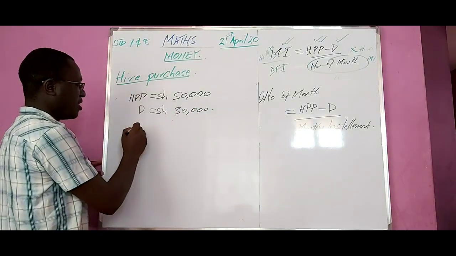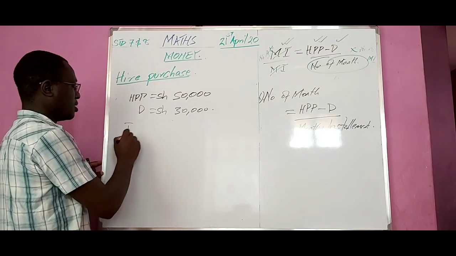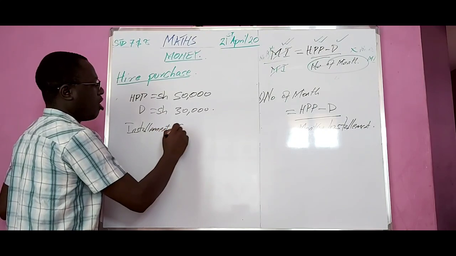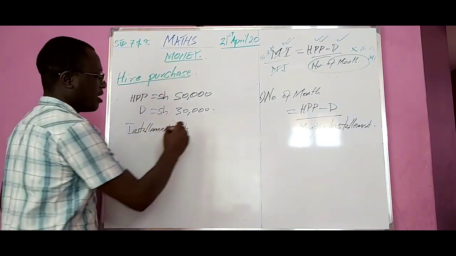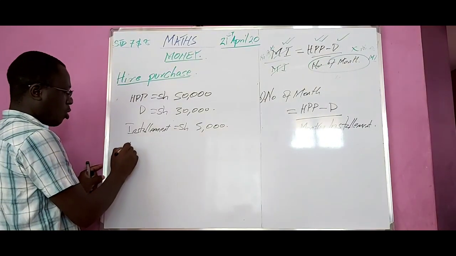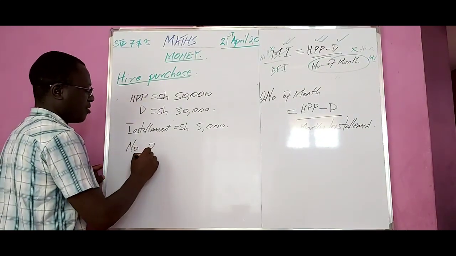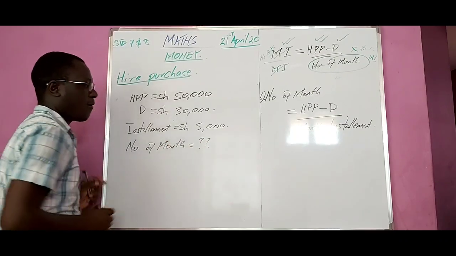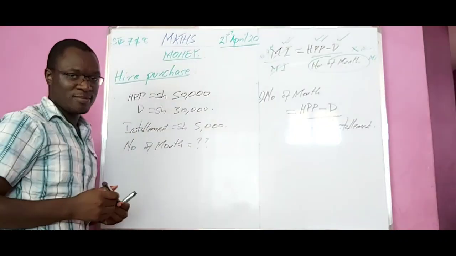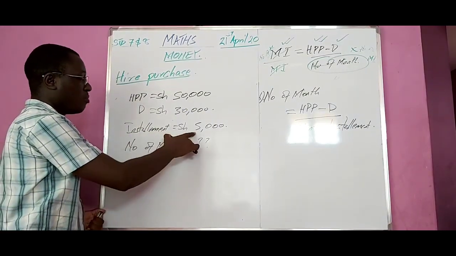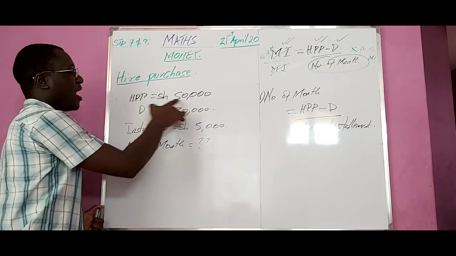And each month he paid installment of let's say 5,000. Then the question is, how many months did he take to clear the 50,000? So we don't know the total number of months. We know the installment, we know the deposit, we know the hire purchase.